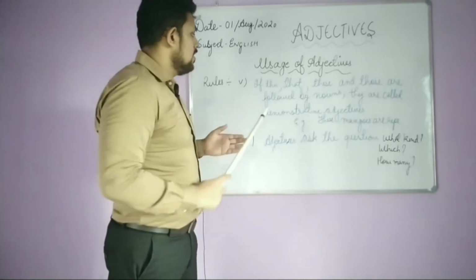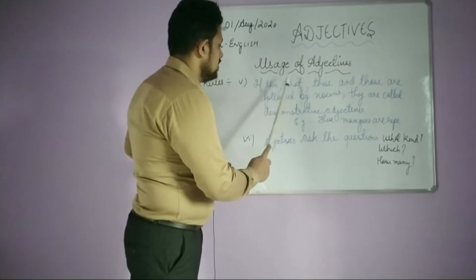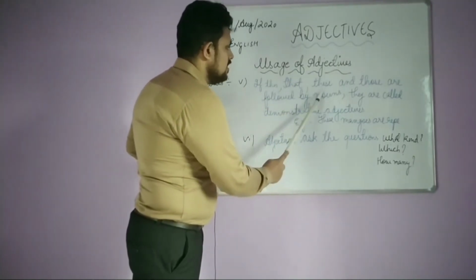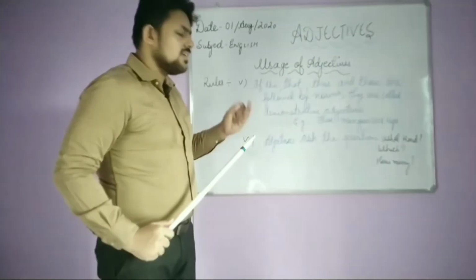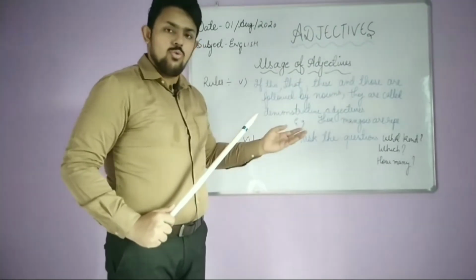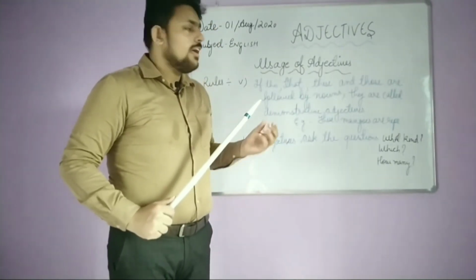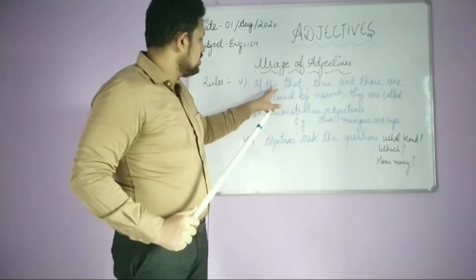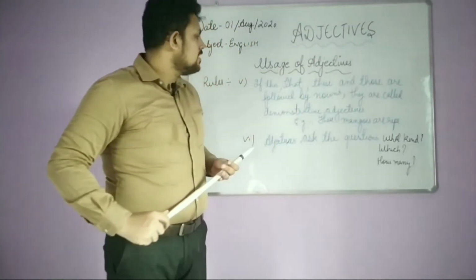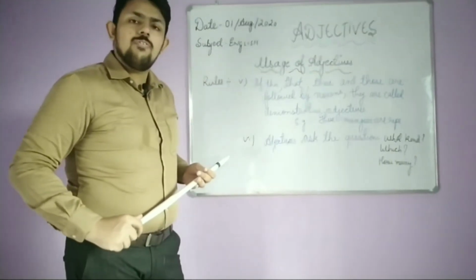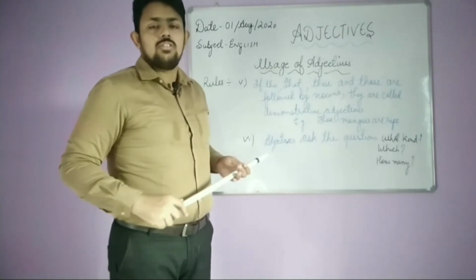So these four words, this, that, these and those, if they are being followed by a noun, then it is called a demonstrative adjective, which is a kind of adjective that we will see in the kinds of adjective.